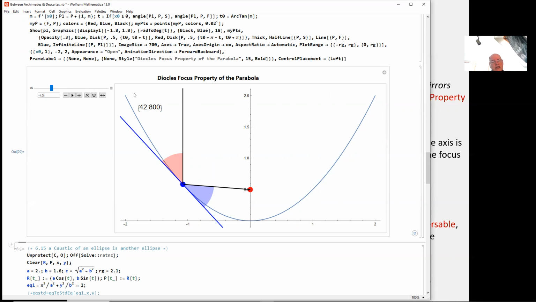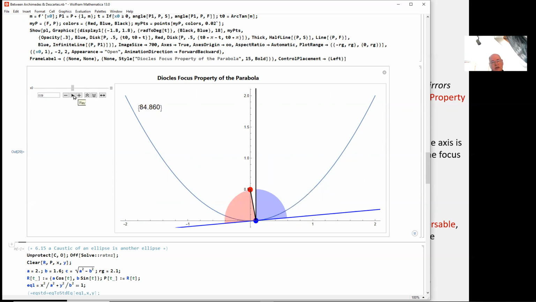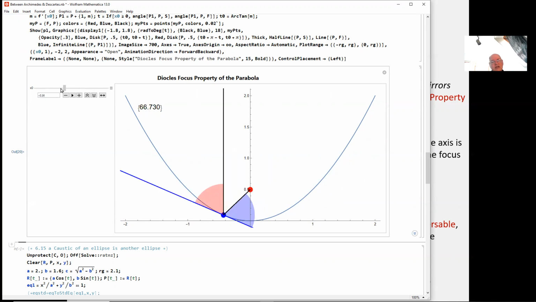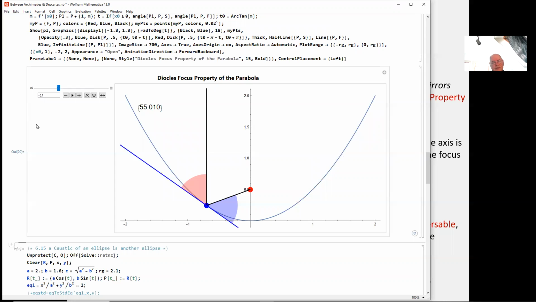All I'm showing here are the equal angles. These are just the angles in degrees that we're showing here, even the 90-degree angle at that point. So a very nice theorem of Diocles, which again is an important idea.